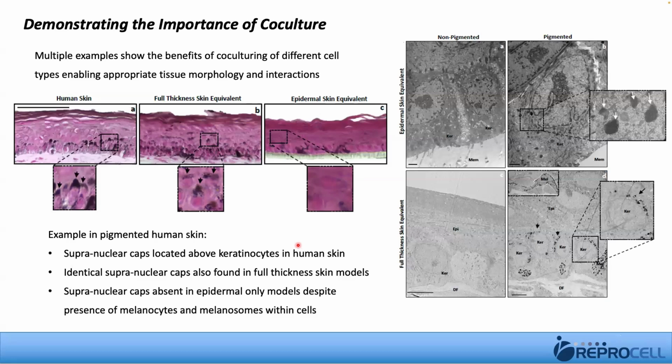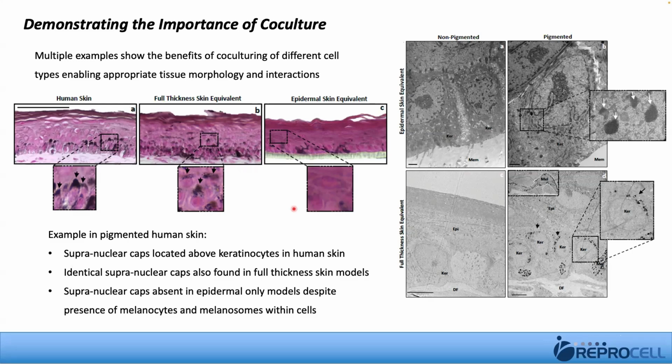Before I do, I just want to demonstrate the importance of co-culture. What's really interesting is if we create an epidermal-only model and incorporate melanocytes, so this is what you see here in panel C, you see the melanocytes, but there are no supranuclear caps. Only if we have the dermal compartment present do you get the correct organization in the tissue model.